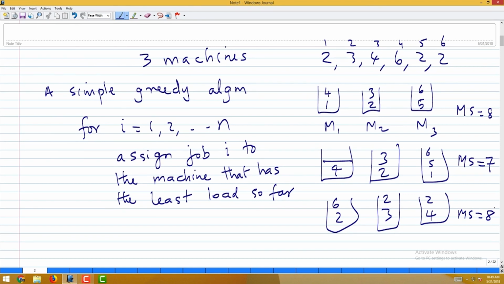So, it is a simple greedy algorithm, and as I said, for many of these problems it is not that hard to come up with some heuristic, but the challenge is to see how bad the solution produced is compared to the optimum. Okay.